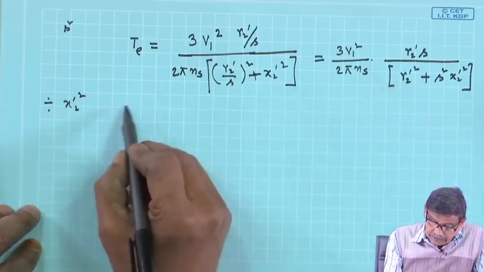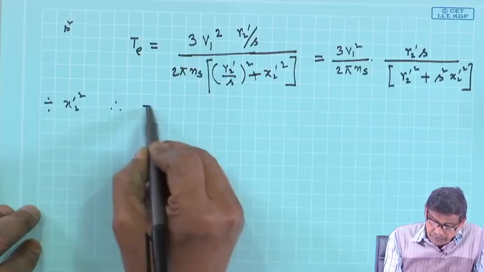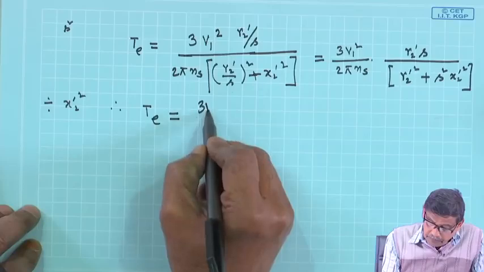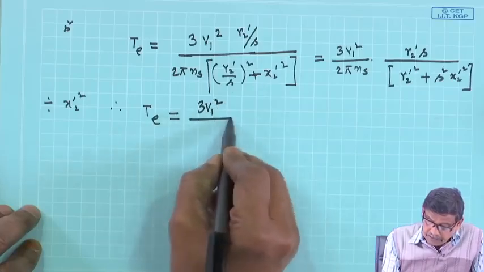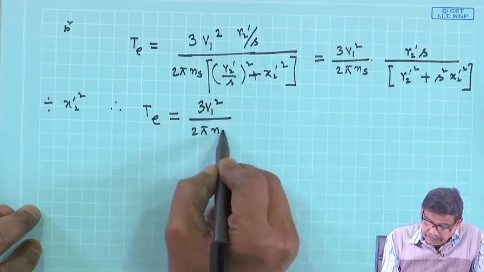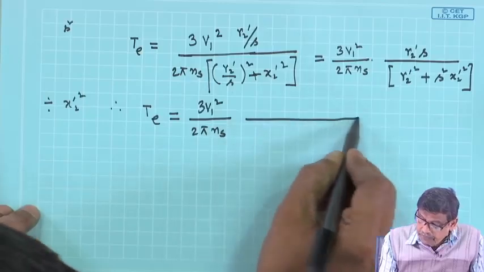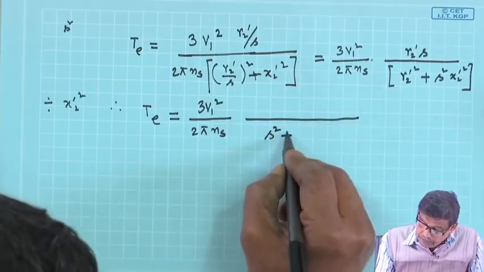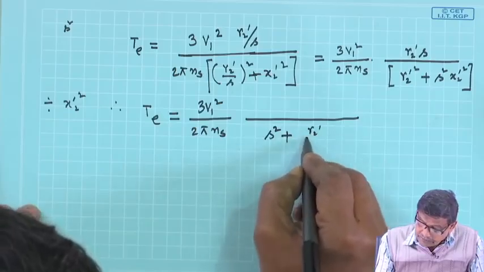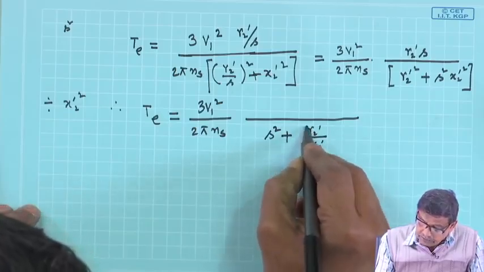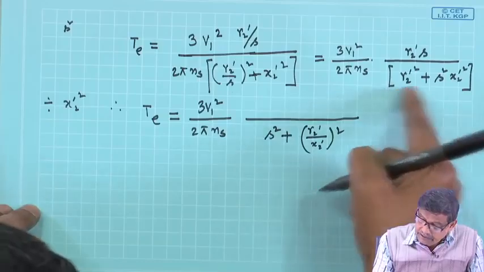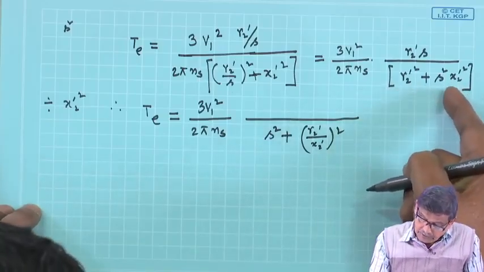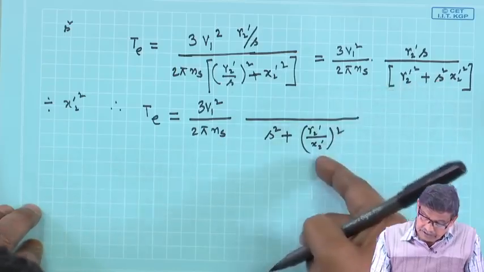Therefore, Te, the electromagnetic torque developed by the machine, will be 3 V1 squared by 2 pi ns. If you divide like that, the denominator will become S squared plus R2 dashed by X2 dashed whole squared, since I am dividing by X2 dashed squared.